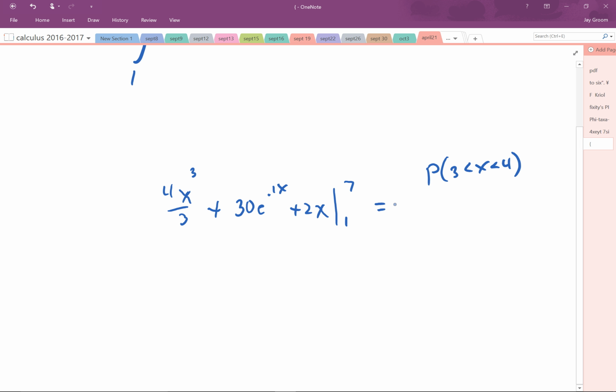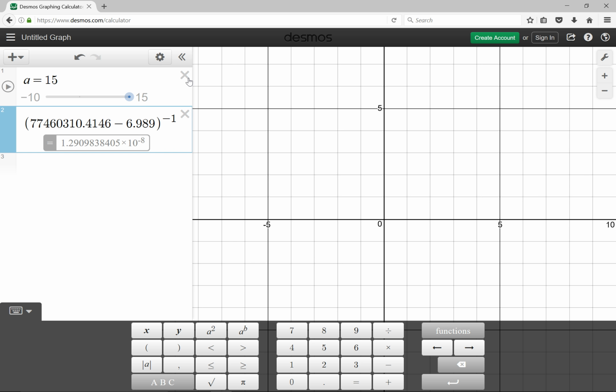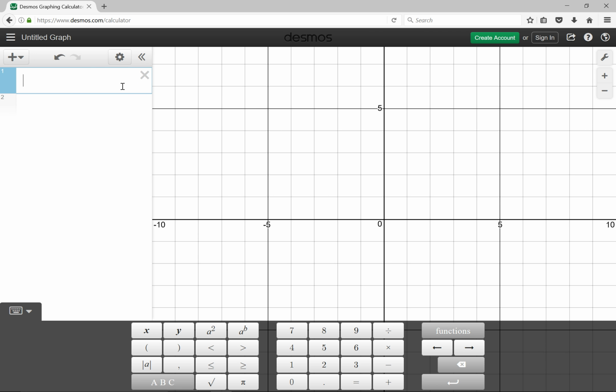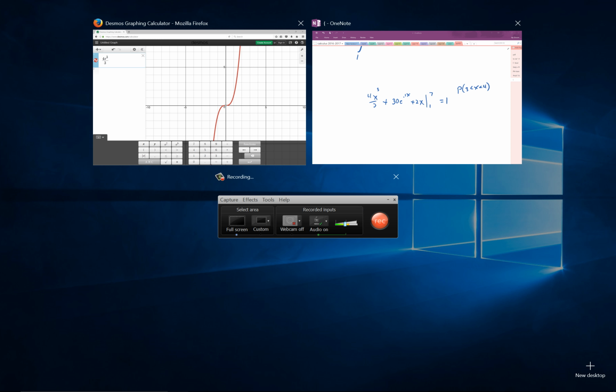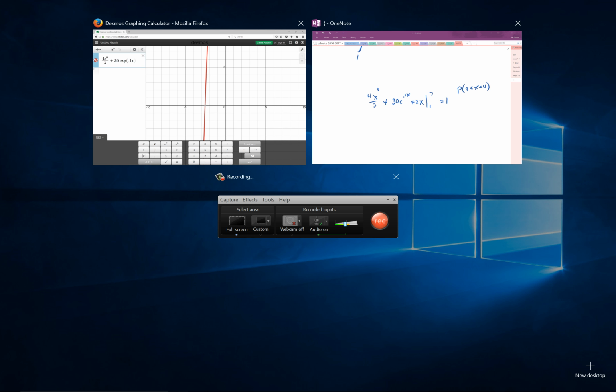So we know this needs to equal 1. And so, what did I say it was? I forget what I said. So 4x cubed over 3, and then 30 e to the 0.1, and then plus 2x.